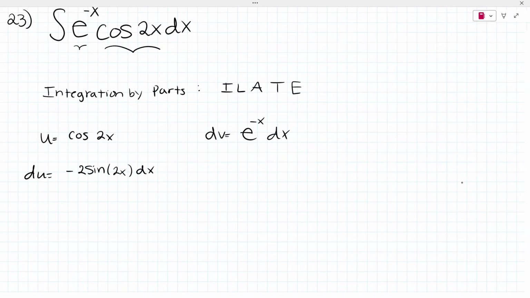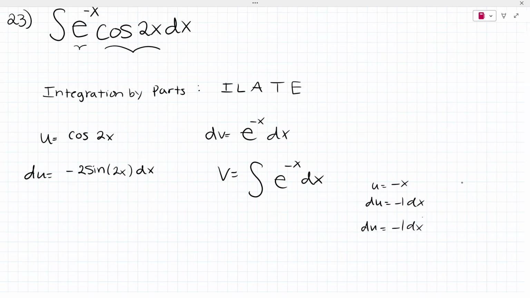So if our dv is e to the negative x dx, our v is going to be the integration of e to the negative x dx, right? And what is that? What's the integration of that? That we have to do u equals negative x, du is -1 dx, and then get rid of this negative.